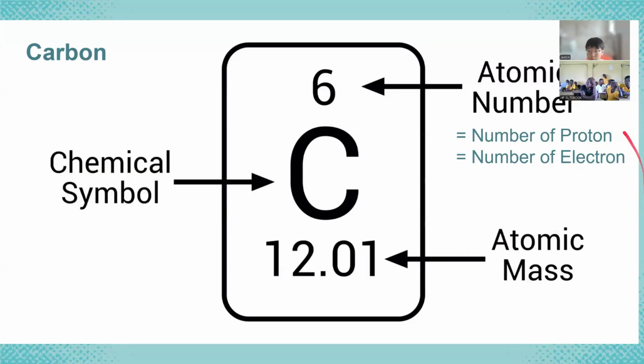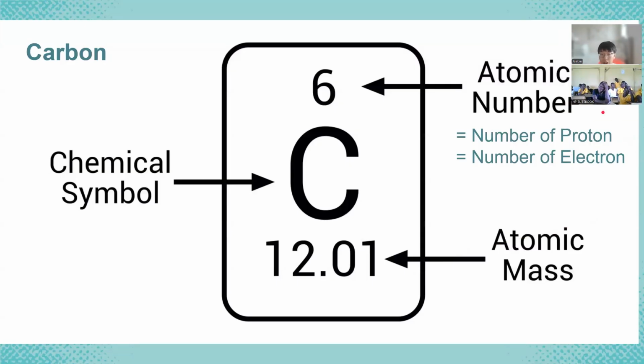We've talked about this before, seen in our other slide, but this again is one of the boxes in the periodic table. This is carbon specifically. We have talked about the number on top equaling the atomic number, which equals the number of protons, which equals the number of electrons. In the middle is C, which stands for carbon, the chemical symbol.